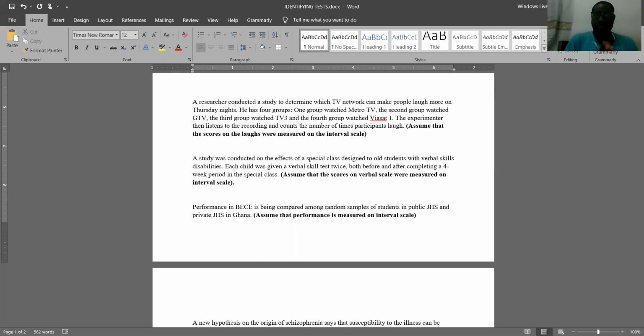With the next question, they were trying to measure verbal skills ability. So they sampled some students. When you go through, you see the dependent variable, which is verbal skill, as I indicated, is measured on interval scale. Then go through again.